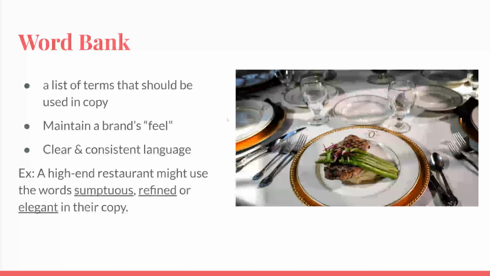Now, a word bank is a list of terms that should be used in copy. This is one of the items that you are adding for your particular campaign for this class. So, this is where we look at terms that are repeated or things that we want to repeat in interviews or in our billboards or magazines or what have you.